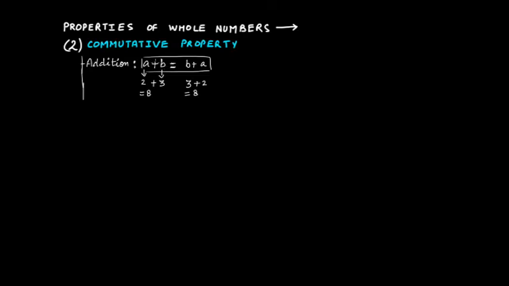The operator is the same, the addition sign, but you have reversed the order of the numbers, and therefore at the place of A you got B, and at the place of B you got A. Therefore, addition of whole numbers follows commutative property, that is, commutativity.